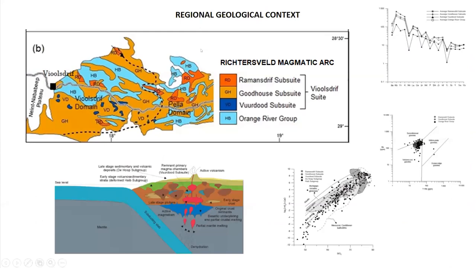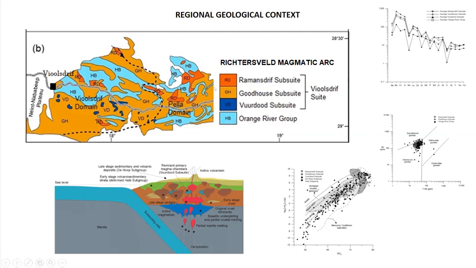The Fieldwood subsuite, which is the focus of the study, is the oldest and the most mafic member of the Vioolsdrif suite, which is the plutonic unit of the Richtersveld magmatic arc, together with the Orange River group, which is the extrusive, volcano-sedimentary unit. Those two together form the Richtersveld magmatic arc.